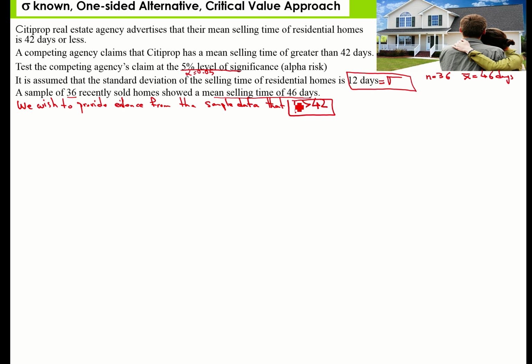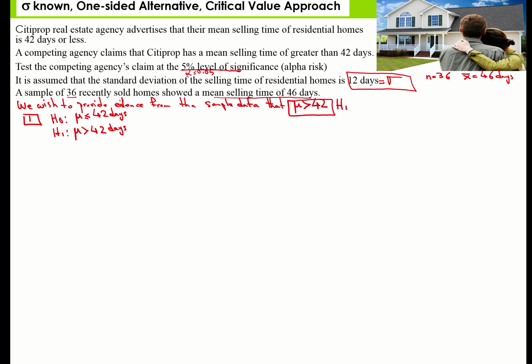So the thing that we want to prove is mu greater than 42. So this is the alternative hypothesis. We can define the null and alternative hypotheses, which is the first step. H0: mu less than or equal to 42 days. H1: mu greater than 42 days is the alternative hypothesis.